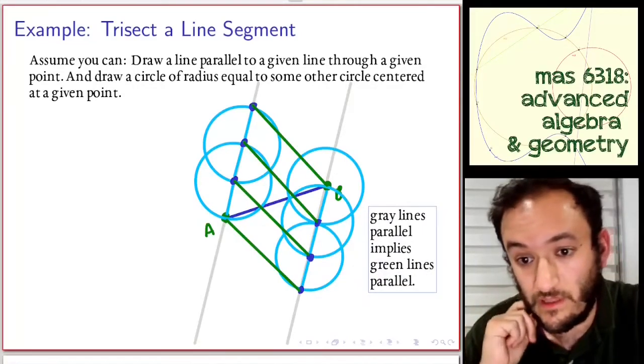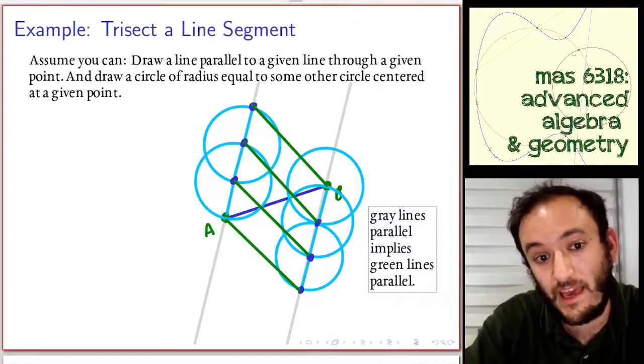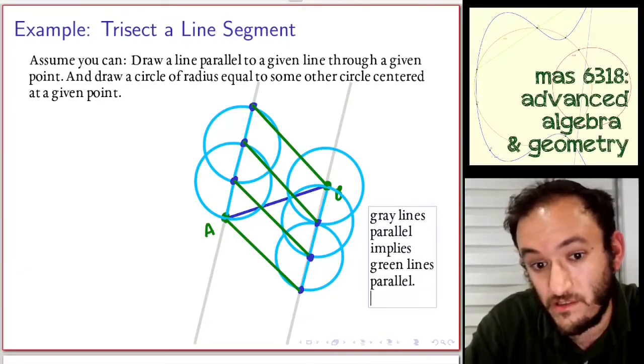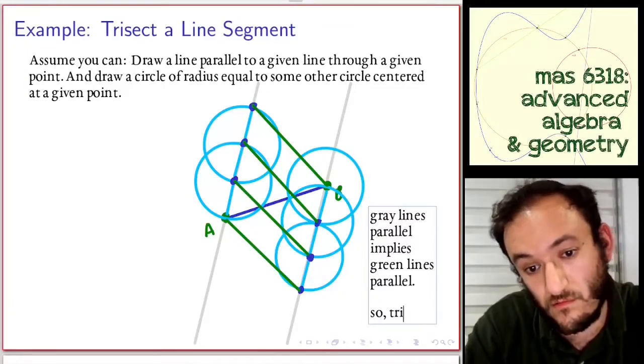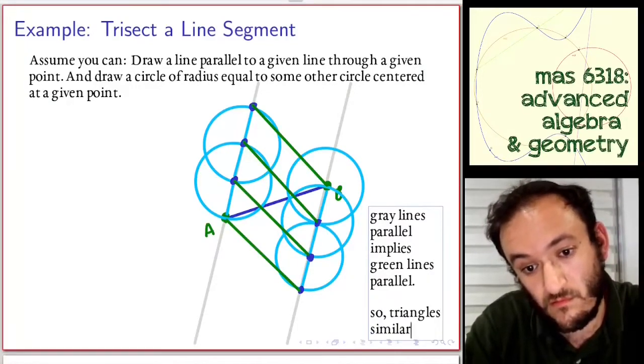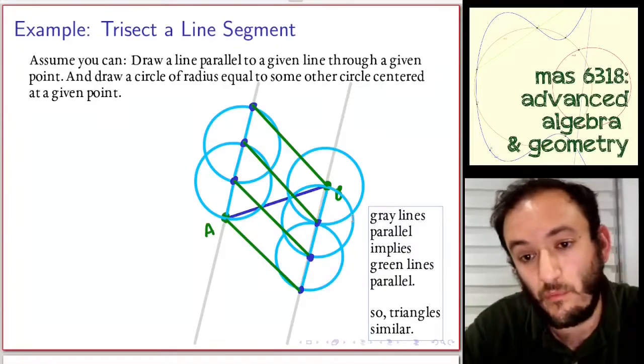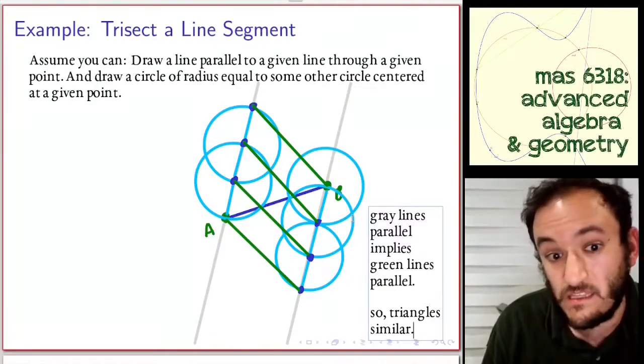Okay, and since the green lines are parallel, that means we're looking at a set of similar triangles. Okay, and when you have similar triangles, lengths are proportional.